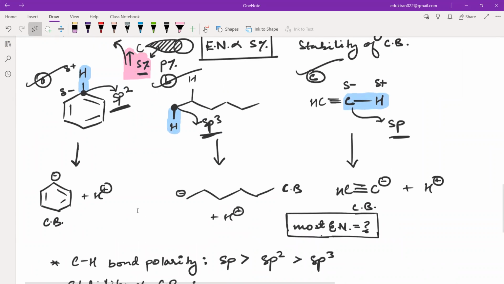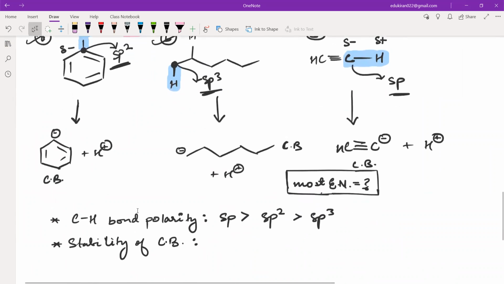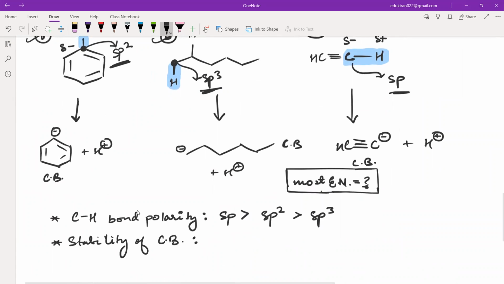Yes, sir. है ना? Now, the stability of the conjugate base is directly proportional to the charge density. I can write, or I can say that it is directly proportional to the minus I groups, electron withdrawing groups.